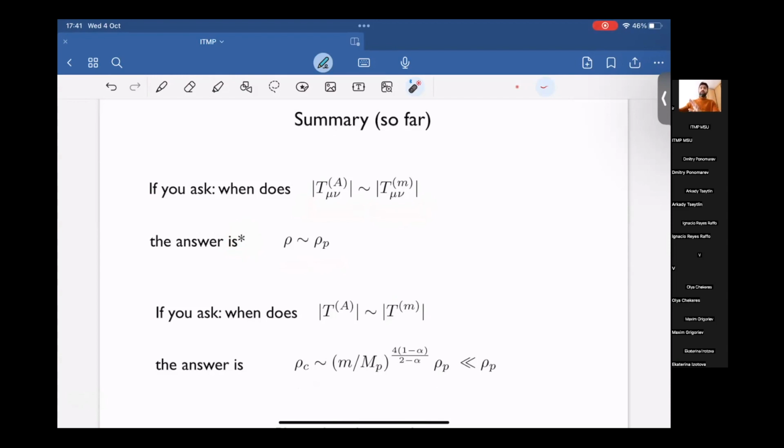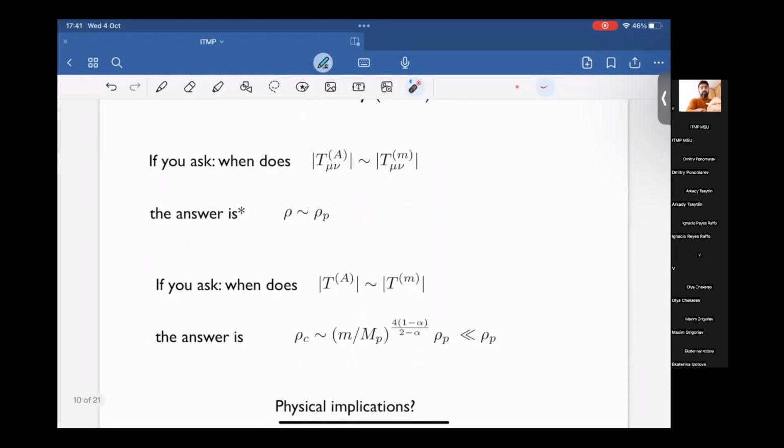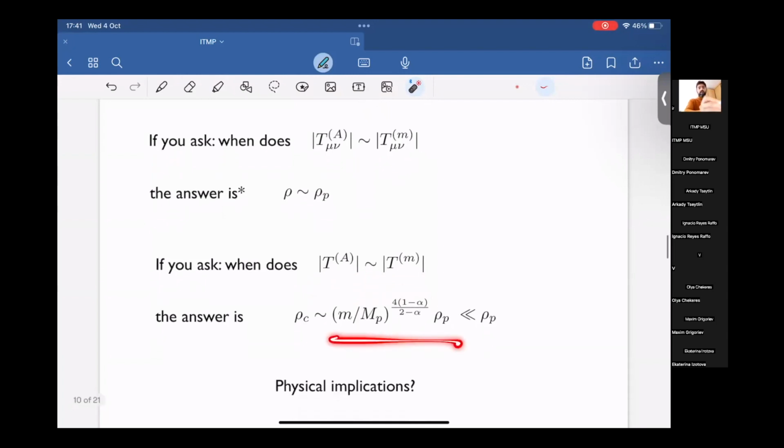Certainly, if there are no local terms, they can definitely violate this, but they're so hard to calculate that I don't know what to say in that case. Now, if you ask a different question, namely, when does the trace of the anomaly become of the same order as the classical one, the answer is not the Planck scale, but something that happens much before the Planck scale, and is given by this simple expression I showed before.